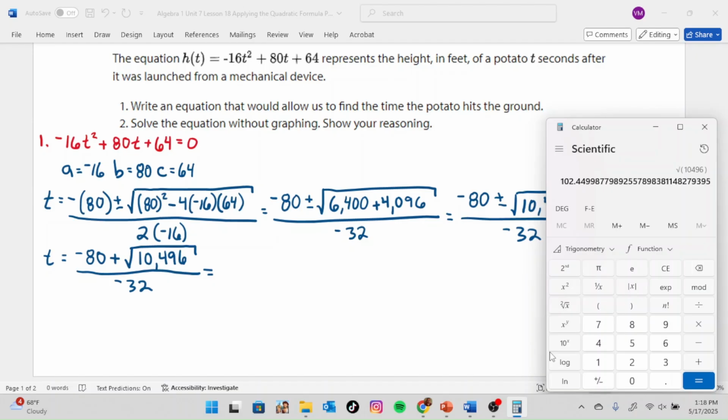So I just took the square root of 10,496. Now I'm going to add this to negative 80. And now once I've got the top, I'm going to divide this by negative 32. And that gives me negative 0.7.